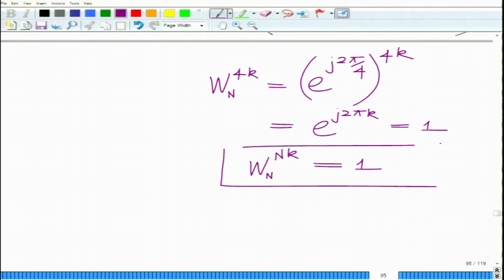In this case N is equal to 4 in this particular example. So, W_N raised to the power of 4k is unity.